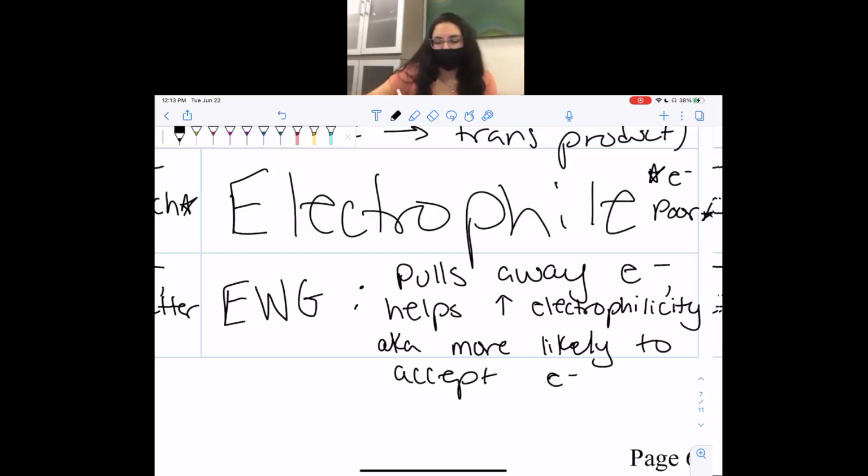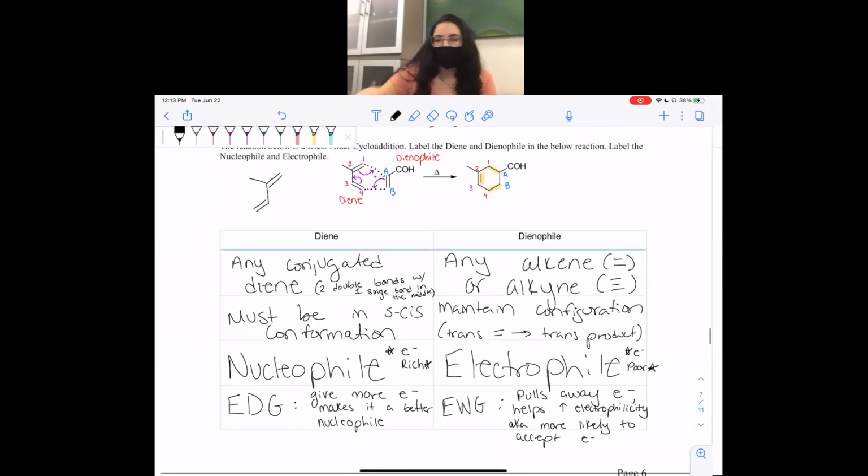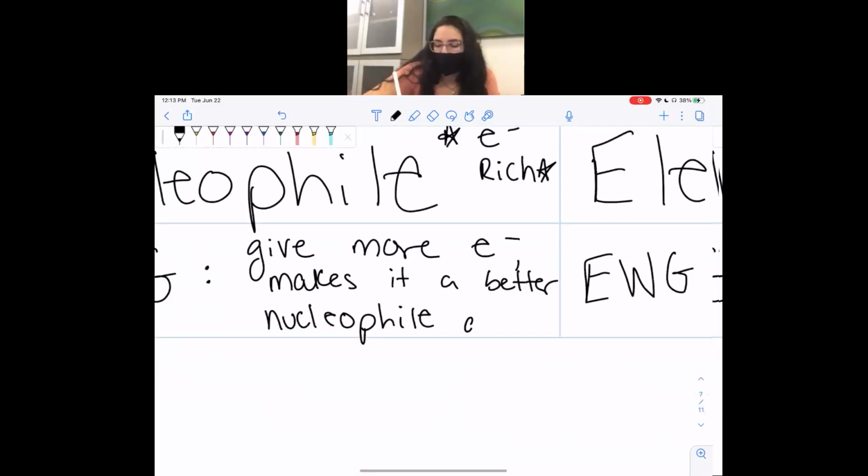So I'm going to zoom out. You can see both at the same time. And just to reiterate, the nucleophile is the one doing the attacking. So it wants to have more electron density. It wants to be more negative. So it wants to have electron donating groups so that it can get more electron density, it can become a better nucleophile, and more likely to attack. And I'll actually write that last point down too, aka more likely to attack.